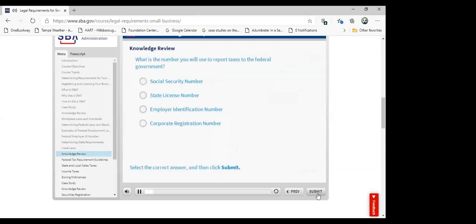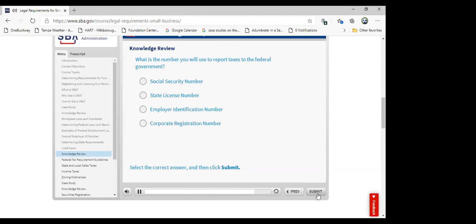Knowledge review. It's time for a quick review. For the following question, select the correct answer and then click Submit. What is the number you will use to report taxes to the federal government? A. Social Security number. B. State license number. C. Employer identification number.